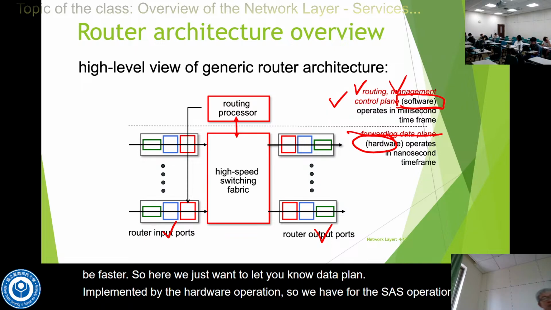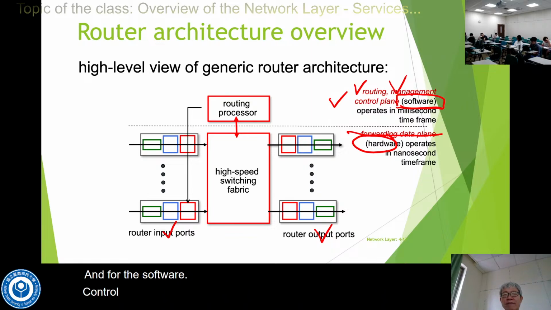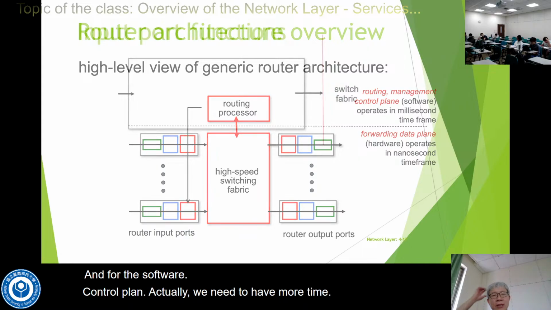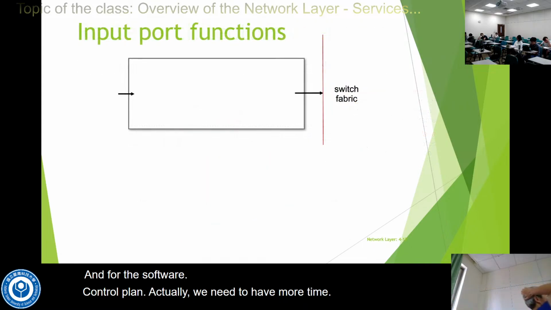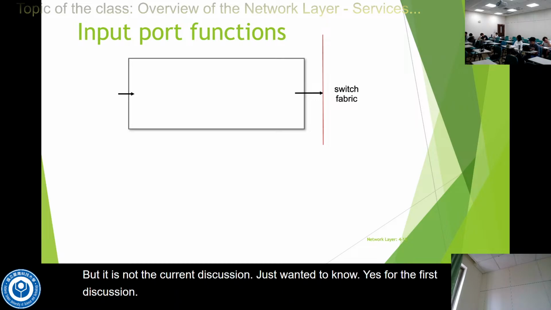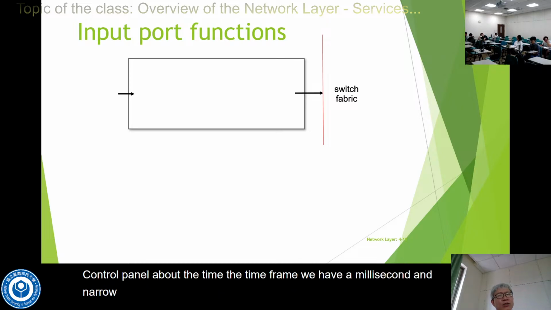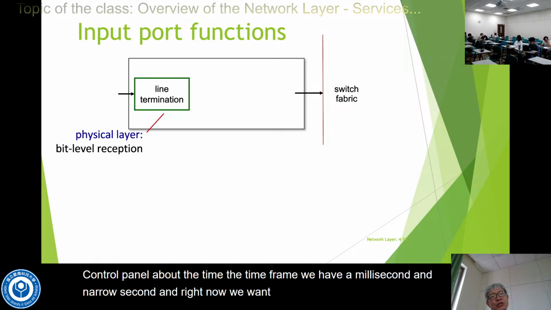And for the software control plane, we need more time. But it is not the current discussion. We just want to let you know about the time frame: millisecond and nanosecond. And right now we want to check the switching fabric.